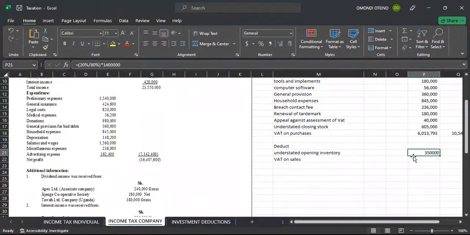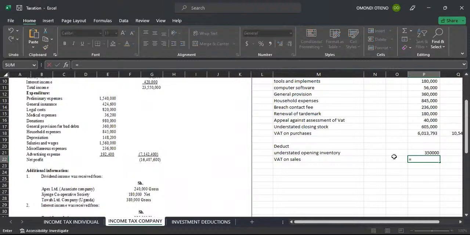So let's look at this one here. VAT on sales, we are told it is 16%. So whatever we are given here as 64 million is 116%. It has VAT of 16% and the normal rate that is 100%. So how do we eliminate VAT from this 116?